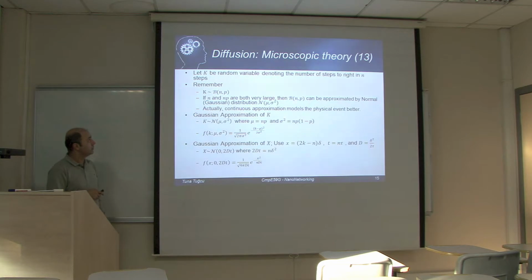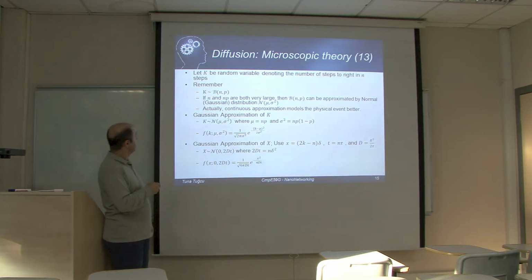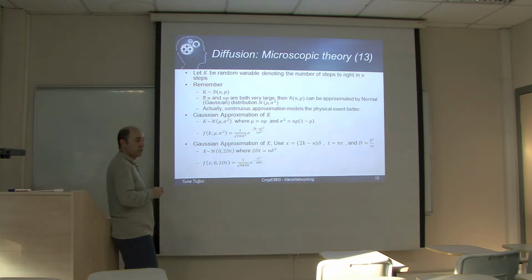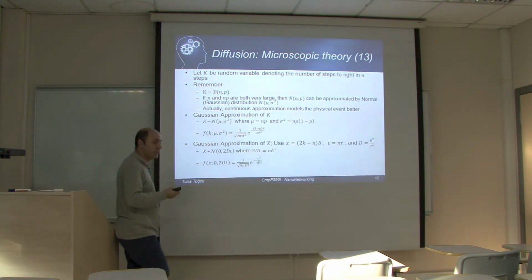Now let k be a random variable denoting the number of steps to the right in n steps. So it's the same thing. We said k is binomial. If n and np are both very large, then the binomial distribution can be approximated by the normal distribution with mean mu and variance sigma squared. And actually, a continuous approximation models the physical event better.